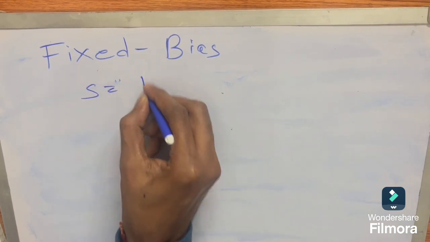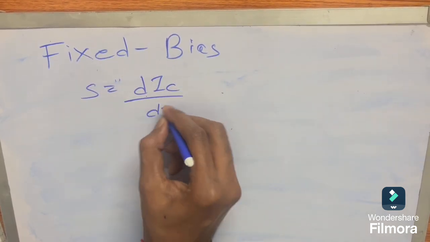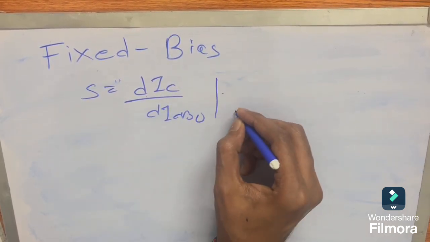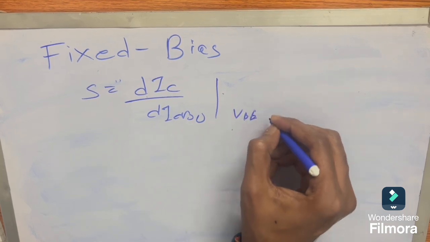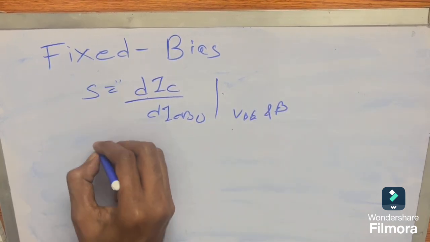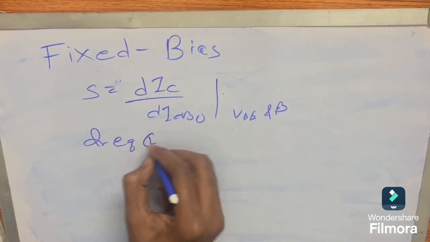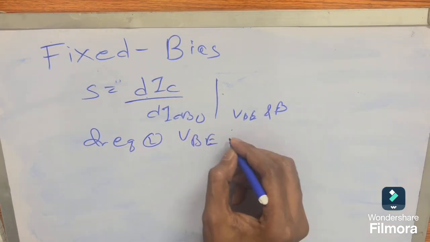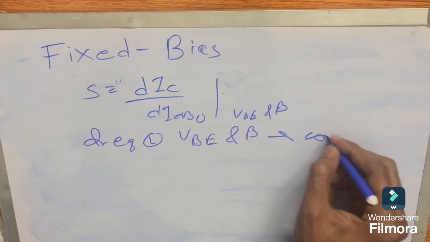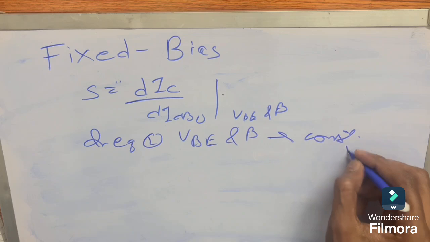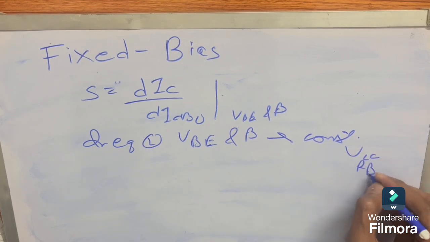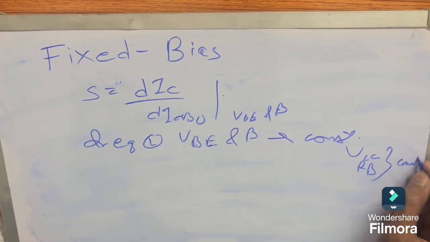So stability factor equals dIC by dICBO at constant VBE and beta. In equation number 2, VBE and beta are constant, and VCC and RB are also constant.